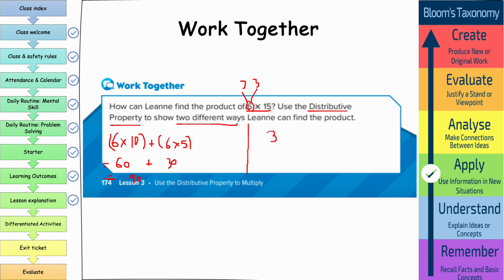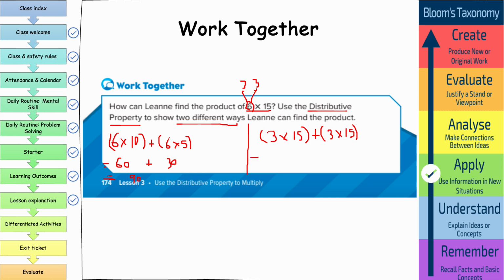So 3 times 15 plus 3 times 15. Why am I doing the same number twice? Because I decomposed the 6 to 3 and 3. So then I should multiply the first 3 with 15 and the second 3 with 15, the same as I did with the 6: the 6 with the 10 and then the 6 with the 5.